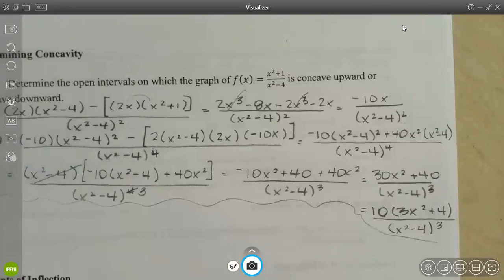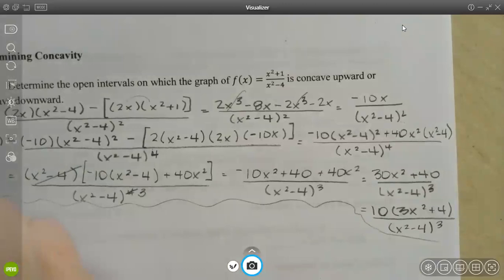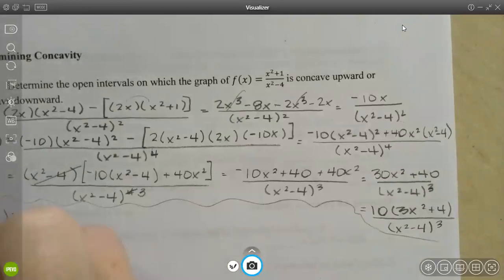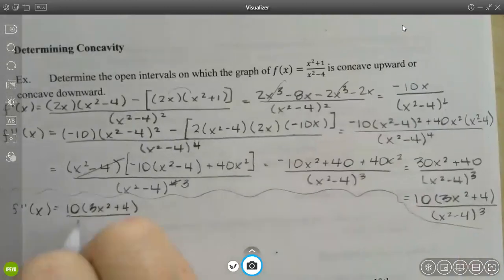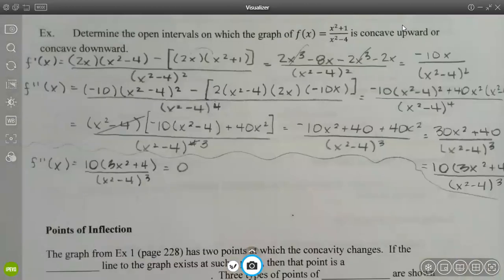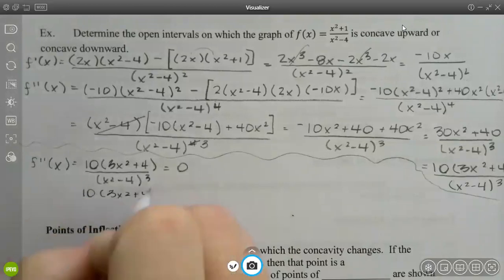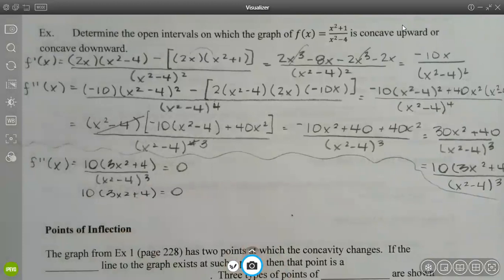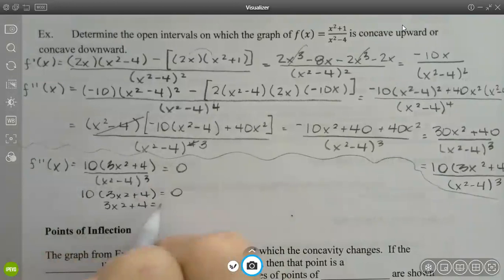The reason that they go ahead and do everything is because once we get that derivative and set it equal to 0, remember you multiply your denominator over. And we still get 0. We'll divide by 10. Still get 0.